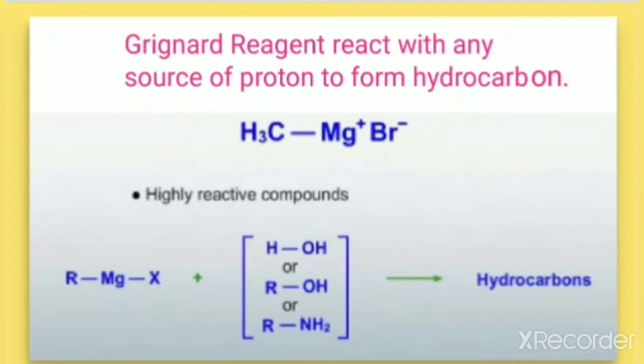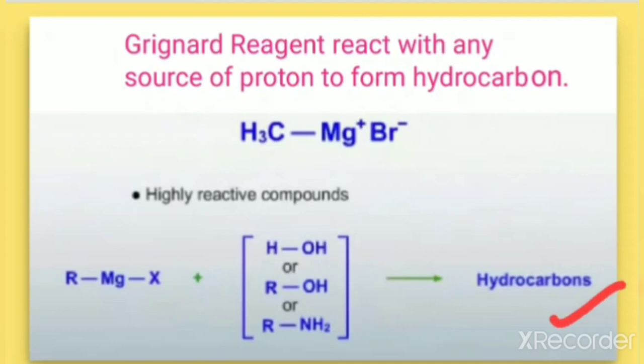Grignard reagent reacts with any source of proton to form a hydrocarbon. That means the Grignard reagent, which is a highly reactive compound, can react easily with any compound which is a source of proton. Source of proton means which can give a proton easily. Then it gives a product called a hydrocarbon.